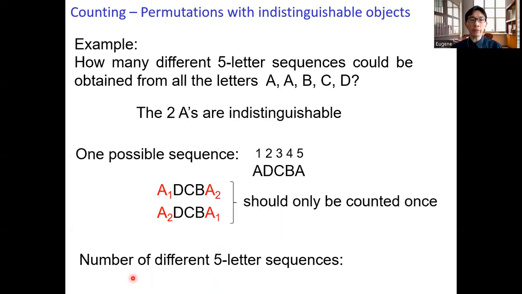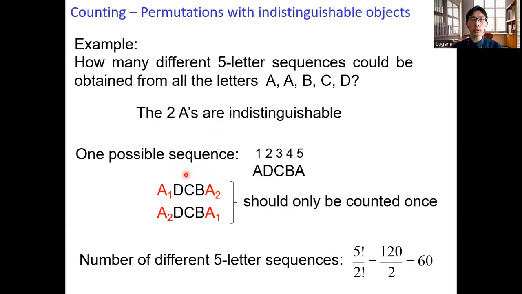So here the number of different 5-letter sequences is equal to 5 factorial, and then we need to divide it by 2 factorial. This 2 factorial is the number of ways to arrange the 2 letters, A1 and A2.